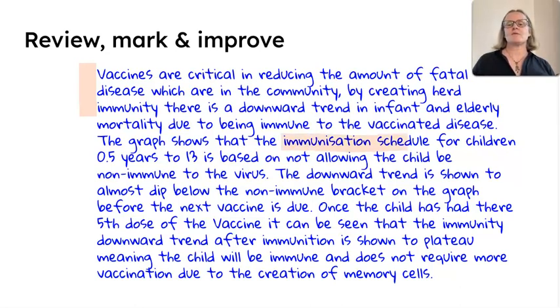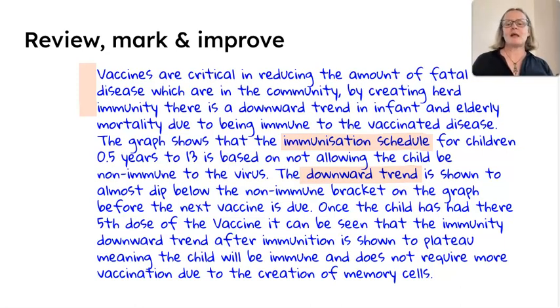So they're showing the vaccine schedule is important to keep bringing back up the level of antibodies in the blood, but they haven't really talked about antibodies. So they talked about the line or the downward trend, but they haven't talked about what that downward trend actually is and actually saying that it's antibody levels.